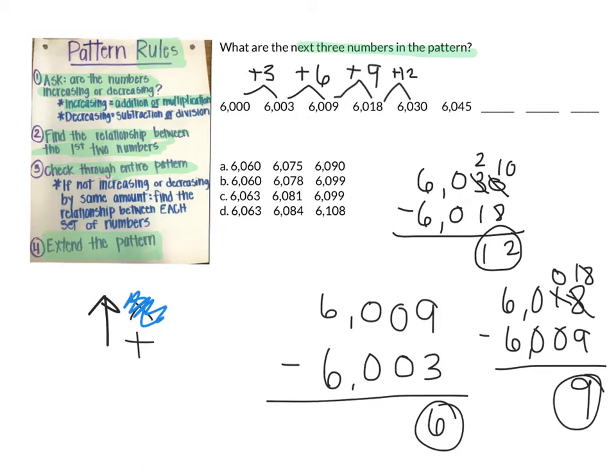Now let's look at our next two numbers, 6,030 and 6,045. We can find the difference between the two numbers to figure out what to add.